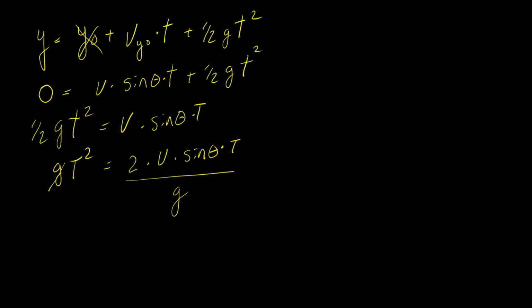Let's divide both sides by t. So t is equal to 2 times v times sine theta, as t cancels, over g. So that's basically the same formula we had before, but here I'm showing you how you can solve it where it doesn't land, but rather it's just a partial parabola instead of the entire thing.